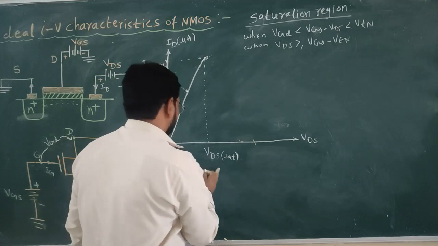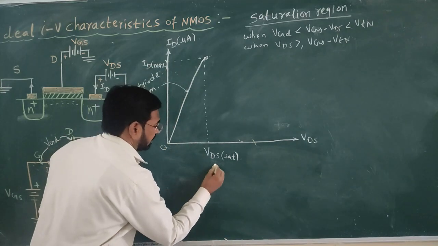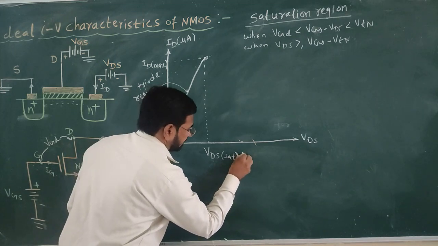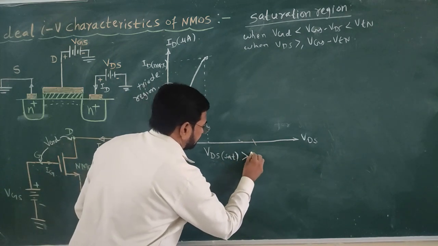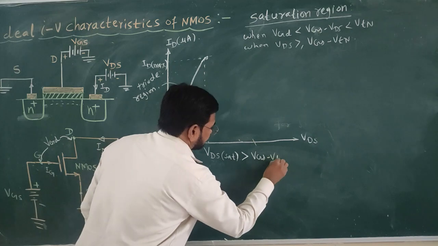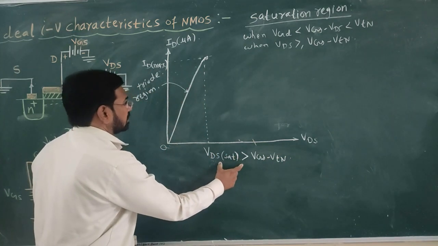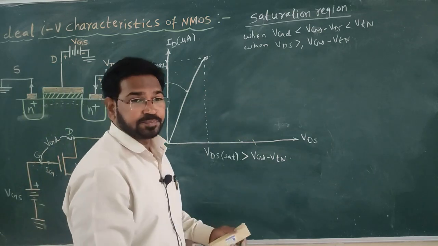So, here this is the condition, VDS saturation is greater than VGS minus VTN. At this condition, the device goes into saturation.